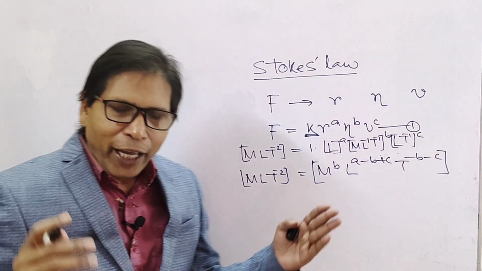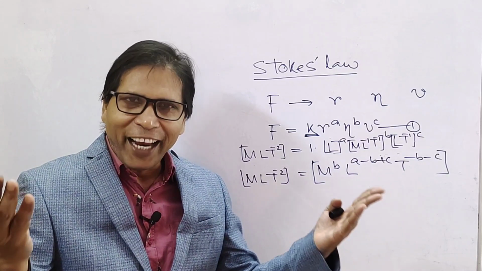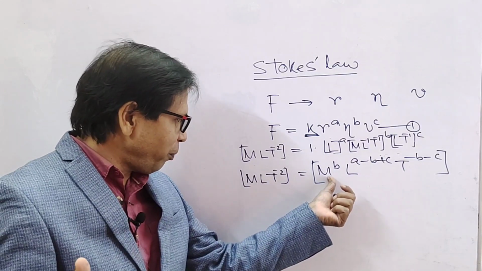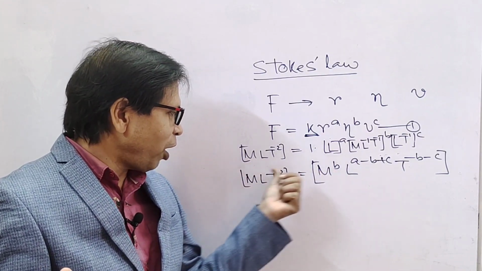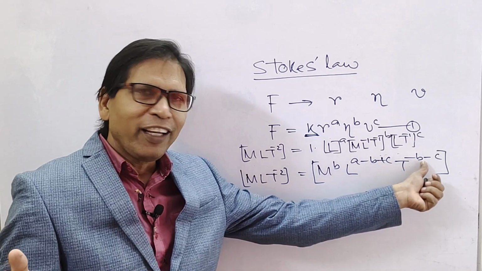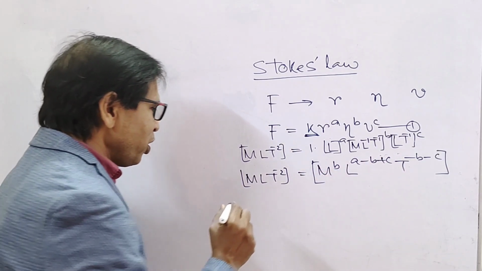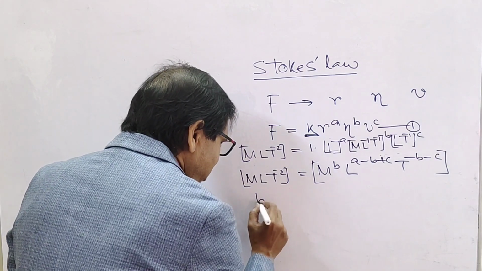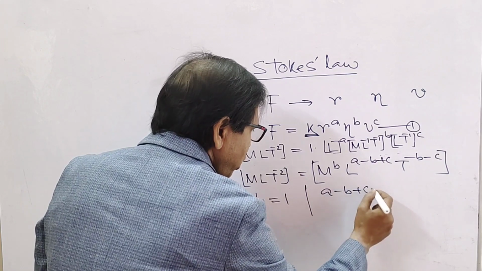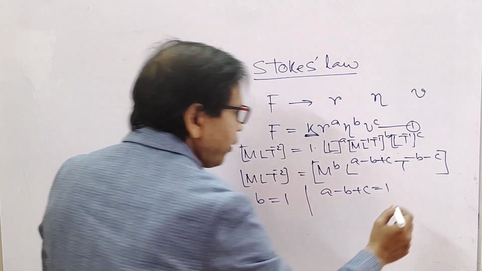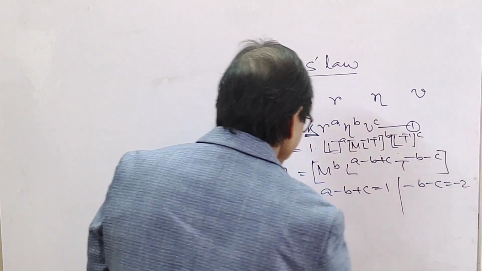Now applying the principle of dimensional homogeneity, that means power of M equals power of M, power of L equals power of L, power of T equals power of T. So here b equals 1. Here a minus b plus c equals 1, and minus b minus c equals minus 2.